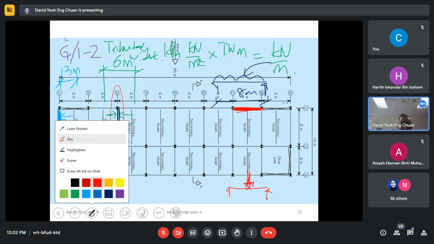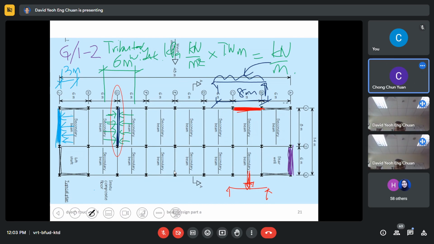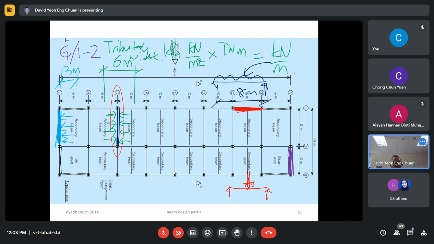Okay, now there's another one. This one. Is this a restrained beam or unrestrained beam? Let's ask Chong. There are two Chongs here. Chong Chun Yuan. Yes, doctor. That beam, is it a restrained beam or unrestrained beam? Restraint.